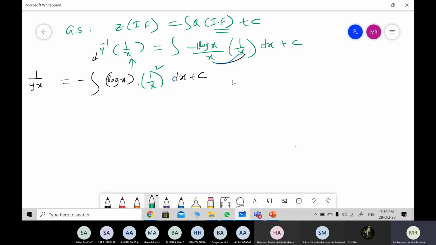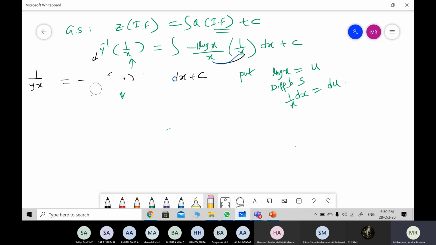Any idea now? Now we have substitution. Put log x equals u. If we differentiate both sides, how much here? 1 over x dx is du. Agree? Moreover, I think this step is just creating a headache.